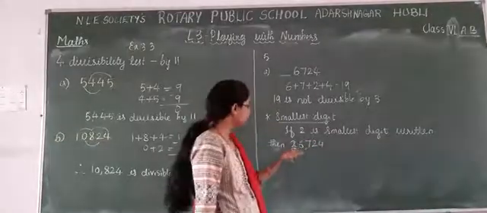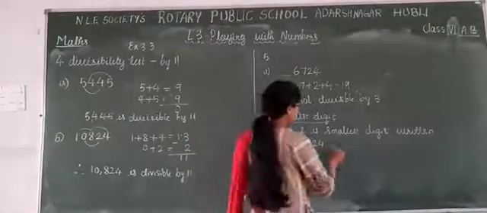If I write 2 here, then this number will be divisible by 3. Yes.